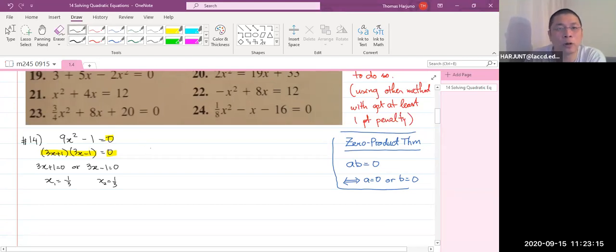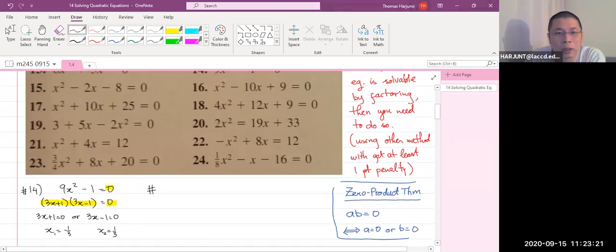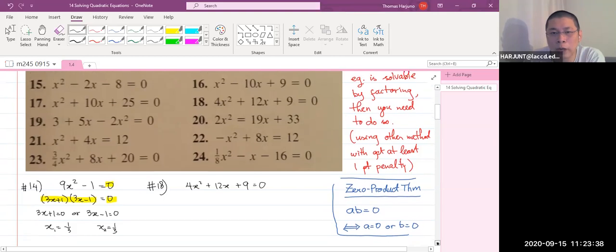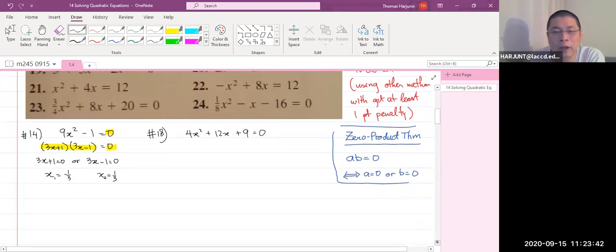Let's see more. Number 18: 4x squared plus 12x plus 9 equals 0. Now, in case you wonder, Thomas, how do we know that a quadratic equation is solvable by factoring?